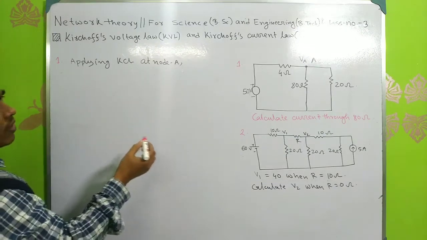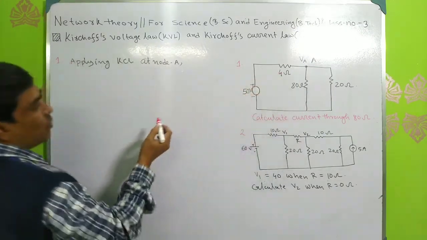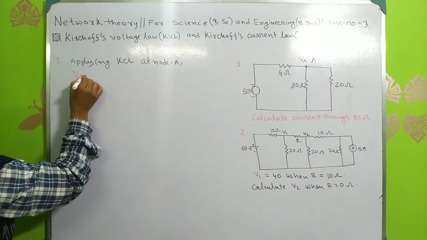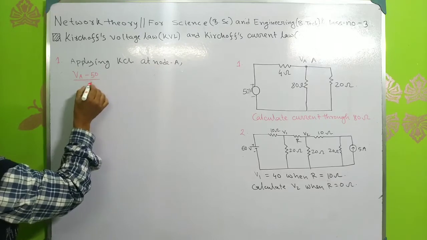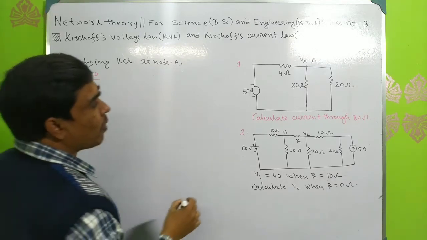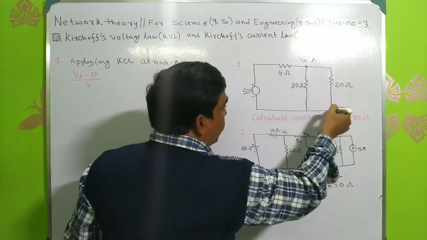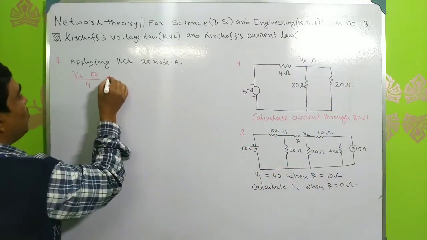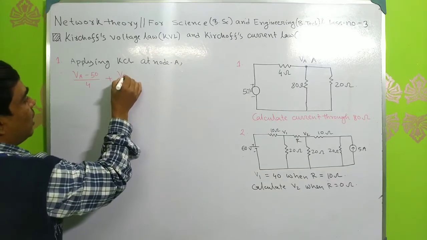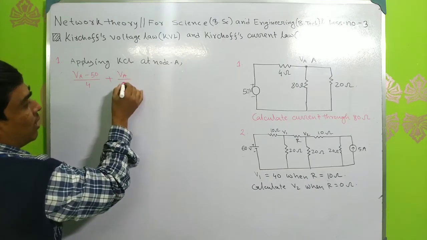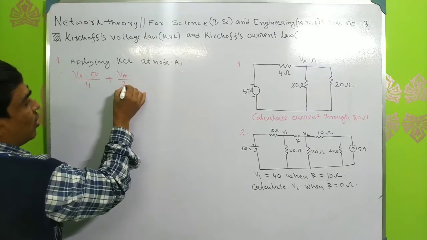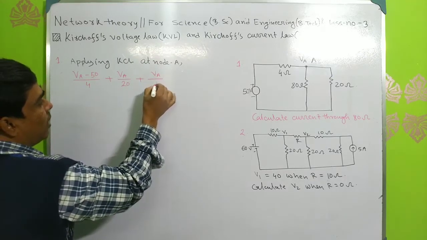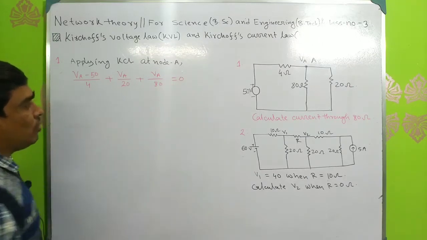Current through this junction is VA minus 50 divided by 4, and current through the 20 ohm, it will be plus VA divided by 20 and VA divided by 80 equals to 0.